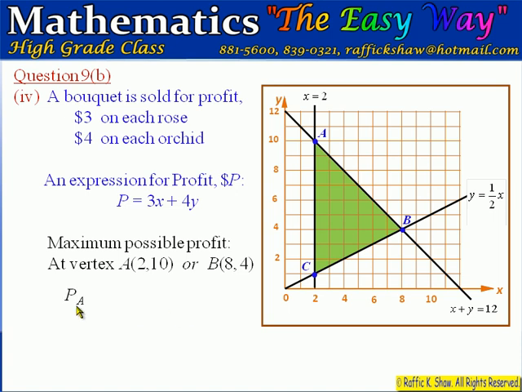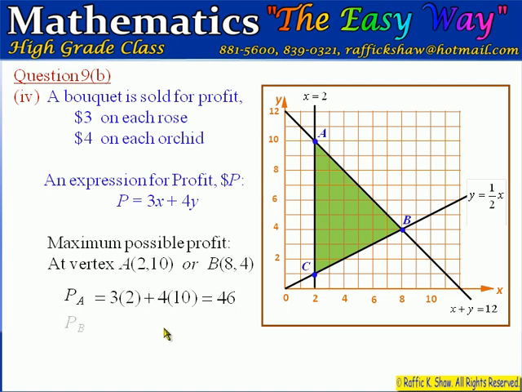So let's show that calculation. The profit at A will be given by 3 multiplied by 2 plus 4 multiplied by 10. That is using this function. The profit at A will be 3 times the x value at A, which is 2, plus 4 times the y value at A, which is 10. And this calculation works out to be 46.